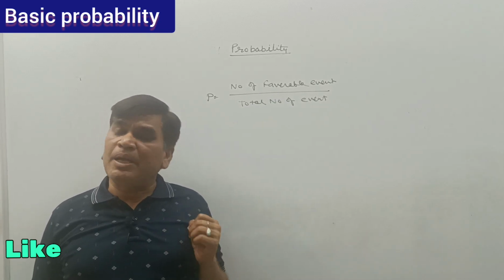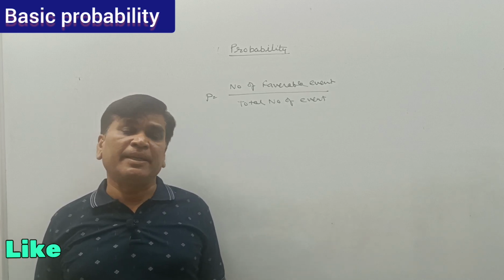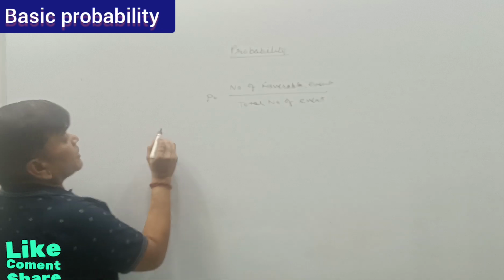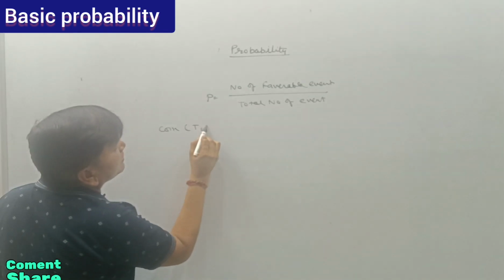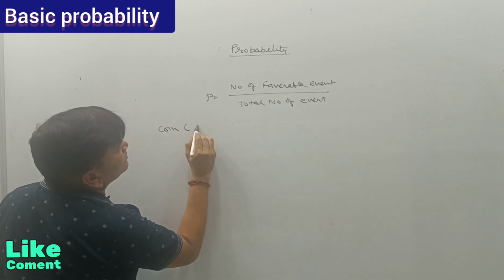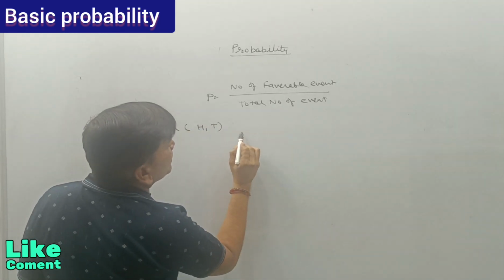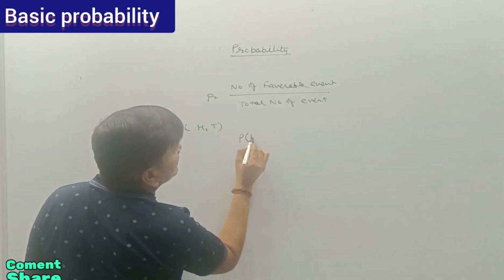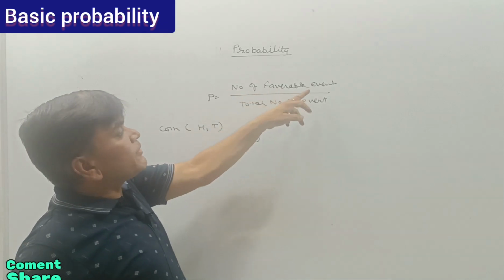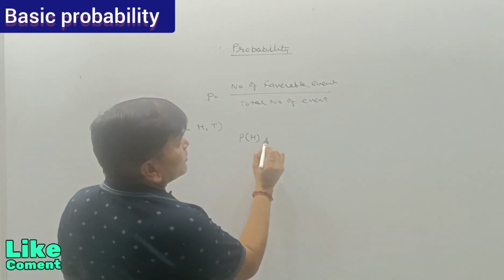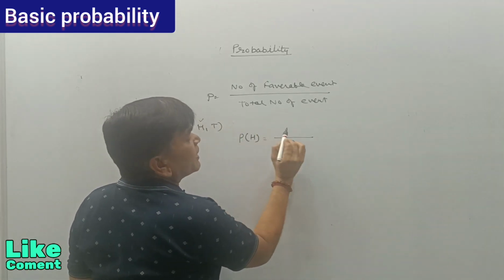Suppose I am tossing a coin and I want to get the probability of head and tail. The total number of events is head and tail, 2. If I want to get the probability of head, the formula is number of favorable events divided by total number of events. The total number of events is 2 and favorable is 1.